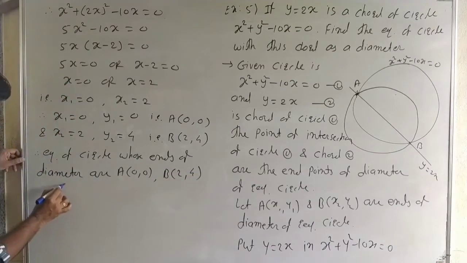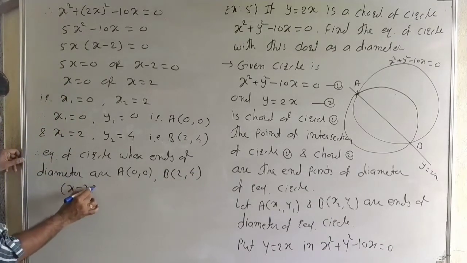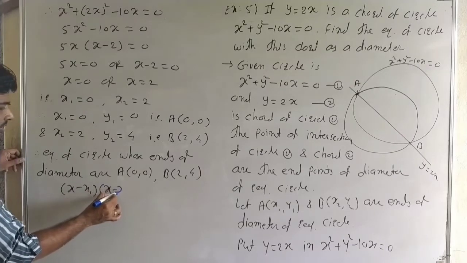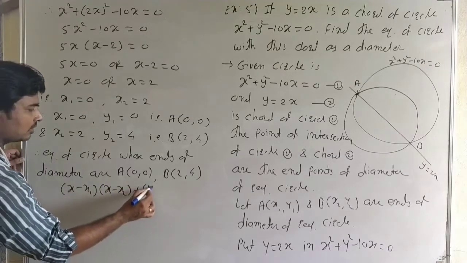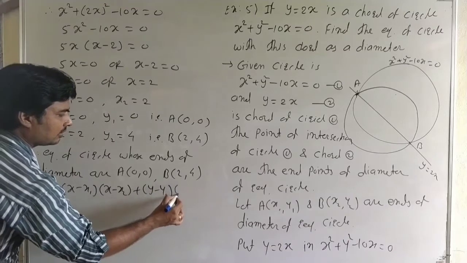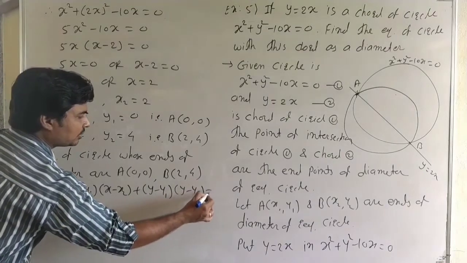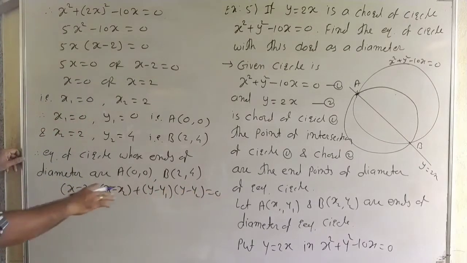And therefore, (x minus x1)(x minus x2) plus (y minus y1)(y minus y2) is equal to 0. It is equation of circle in diameter form.